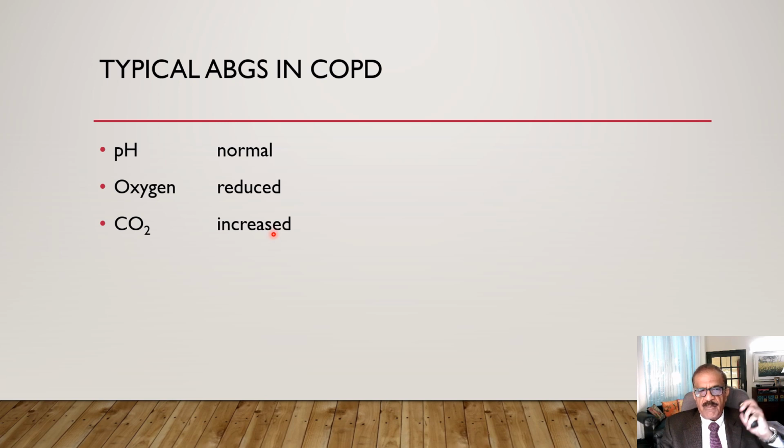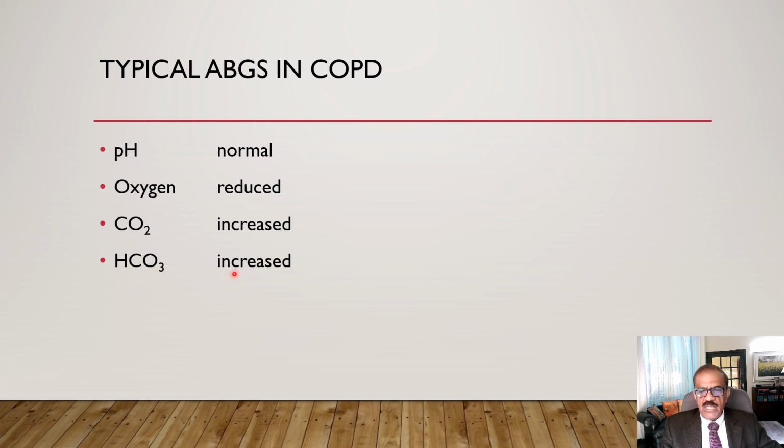So carbon dioxide may be low, but once respiratory failure sets in, carbon dioxide will first normalize and then increase. So the presence of hypercapnia is actually a very serious sign. We will have a separate lecture on respiratory failure, but based on whether somebody has just hypoxia or hypoxia and hypercapnia, respiratory failure is defined as type 1 or type 2. That is actually a very serious condition.